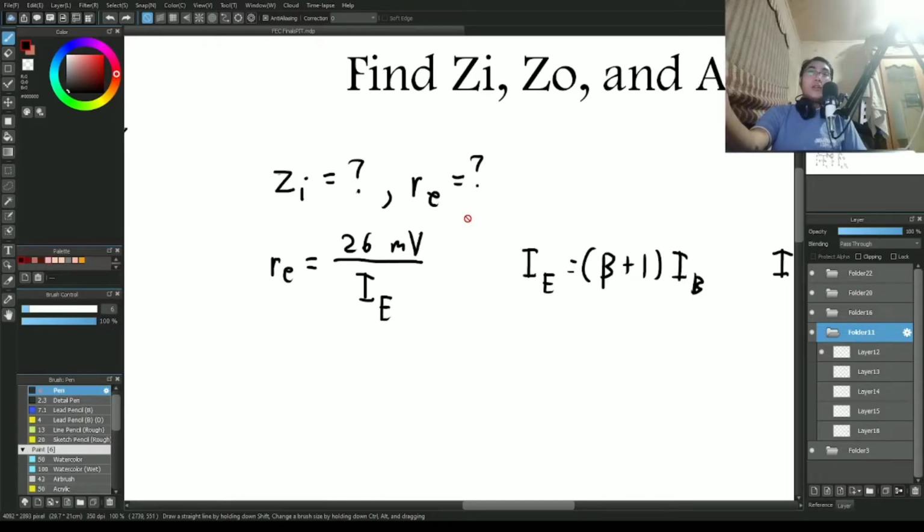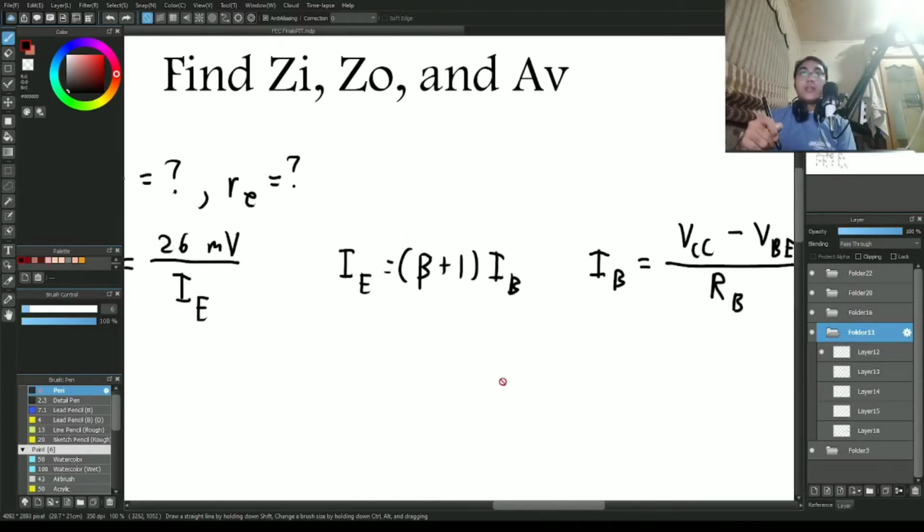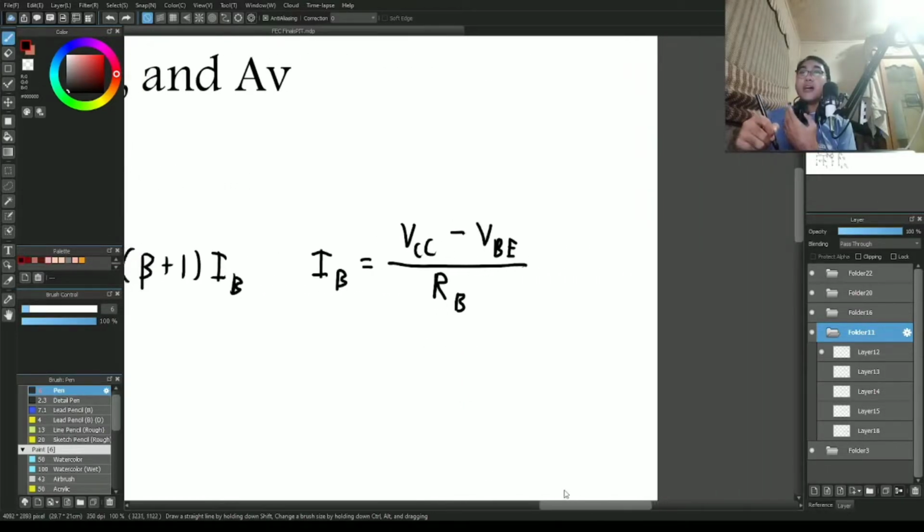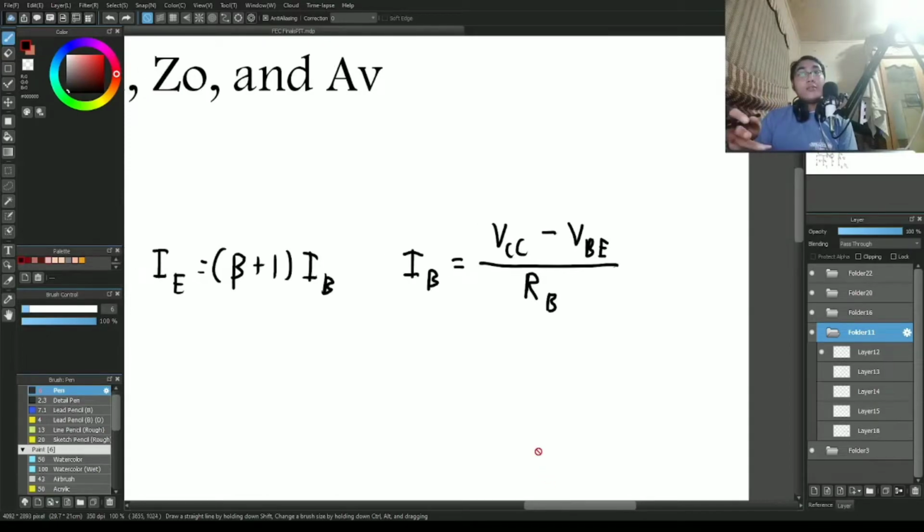For this one, since we don't know IE, if we go over to our previous lesson, which is DC biasing, we get this formula for IE, which is beta plus 1 times IB. And since we don't know what the value of IB is, we're going to use the formula of IB again. Of course, it's also in the previous lesson for the BJT biasing.